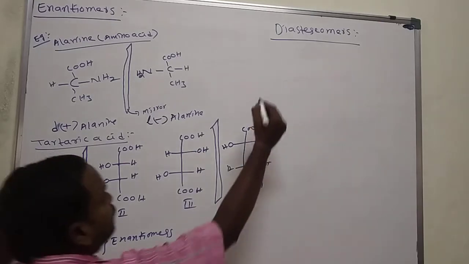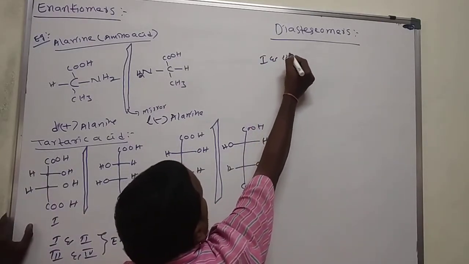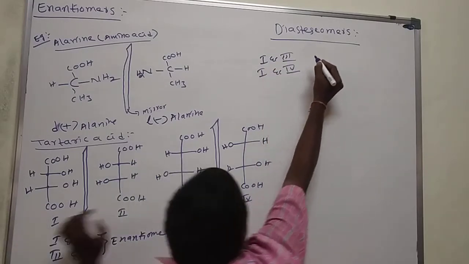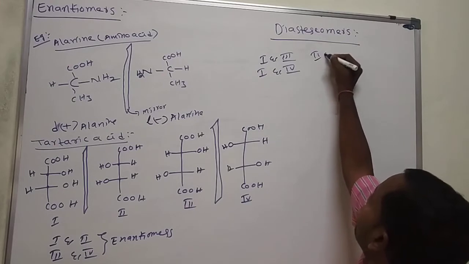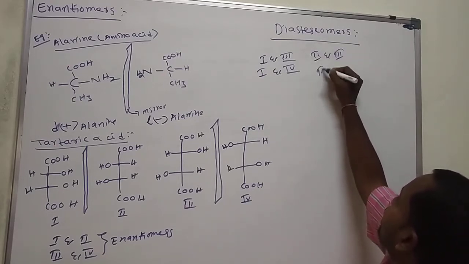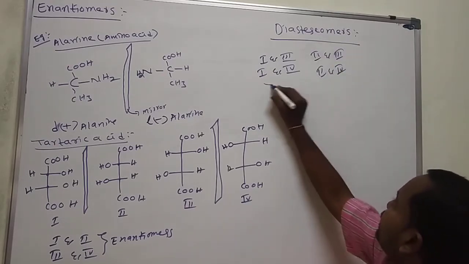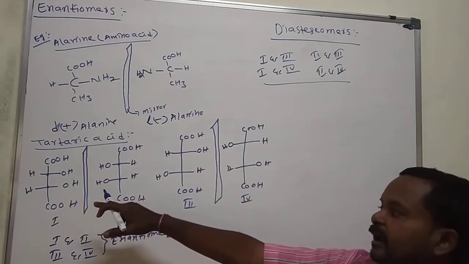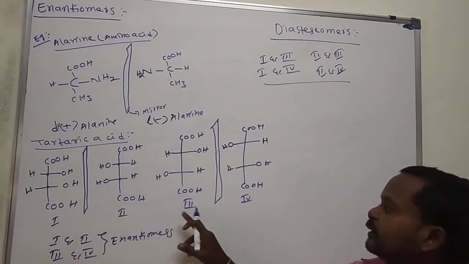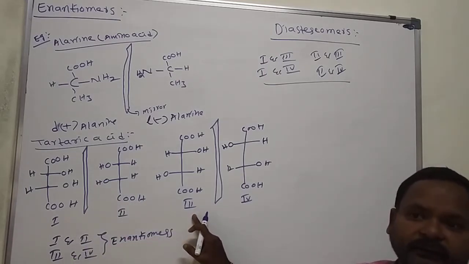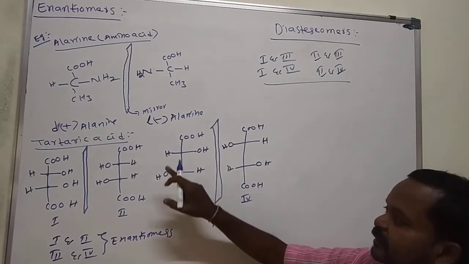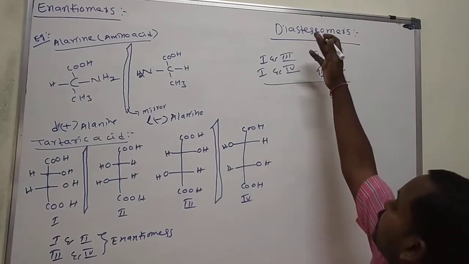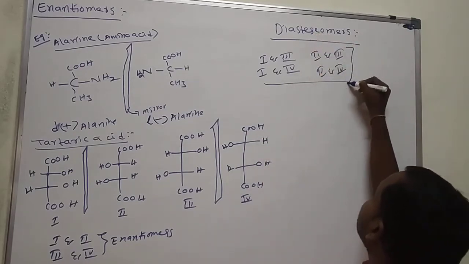What about the first and third, first and fourth, second and third, and second and fourth structures? See, first and third have the same molecular formula, but they are non-superimposable, non-mirror images. Non-superimposable, non-mirror images are called diastereomers.